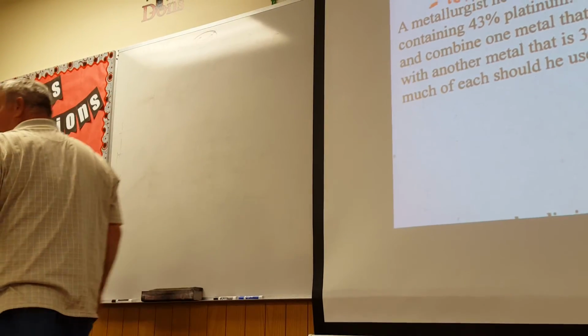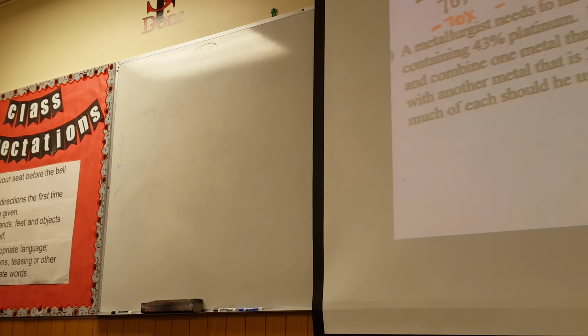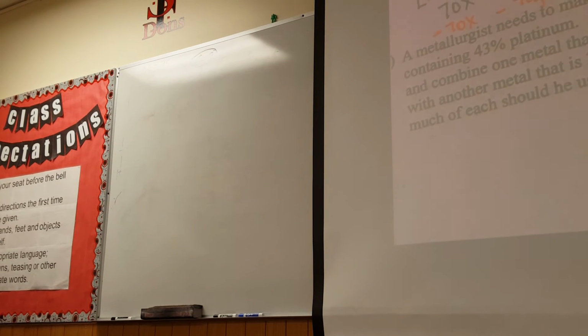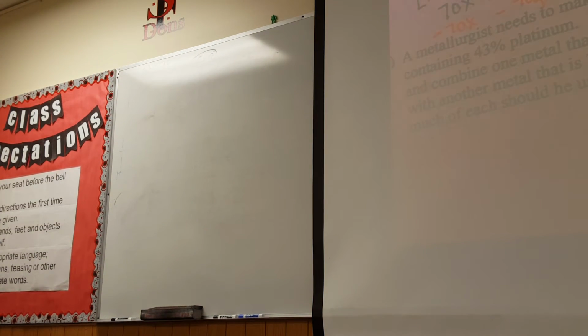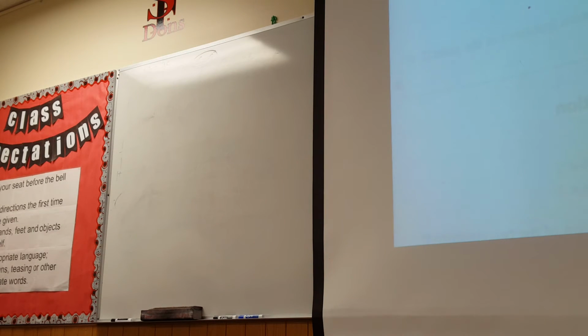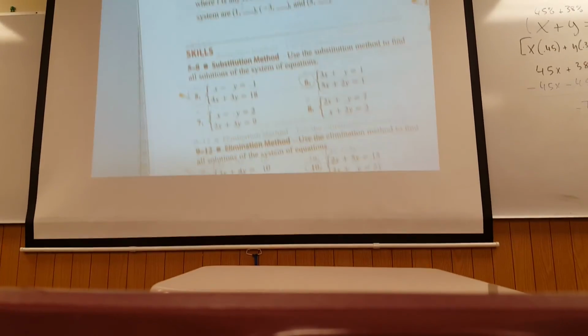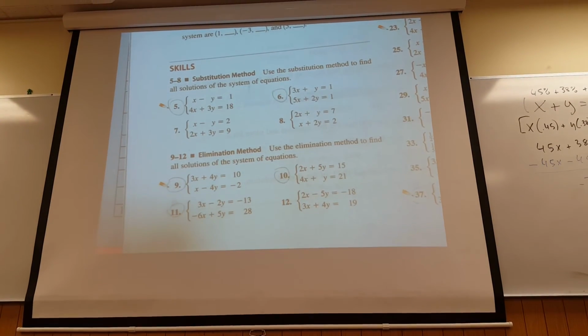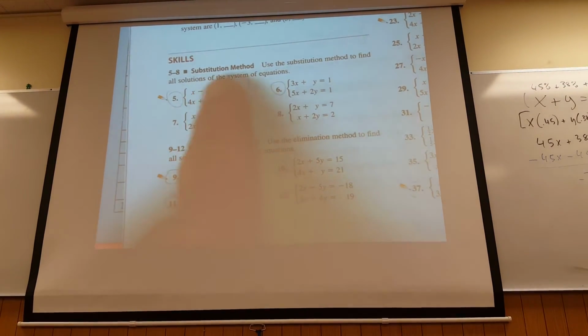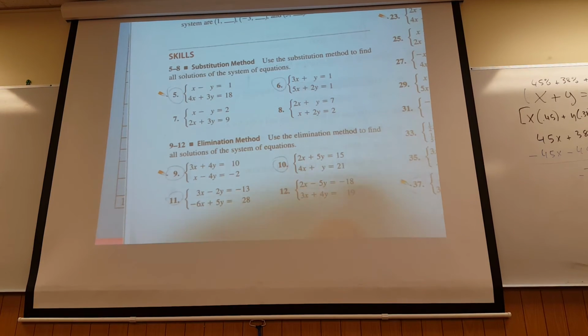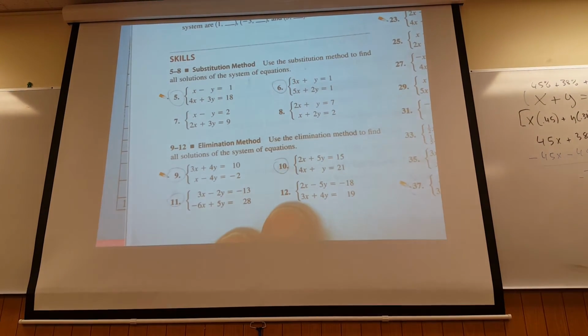In your homework on this section today, you have a weird problem that tries to mess you up just a little bit. Okay, now, your homework, okay? The first few problems, 5 through, just says substitution method, just so that you solve for them, okay?